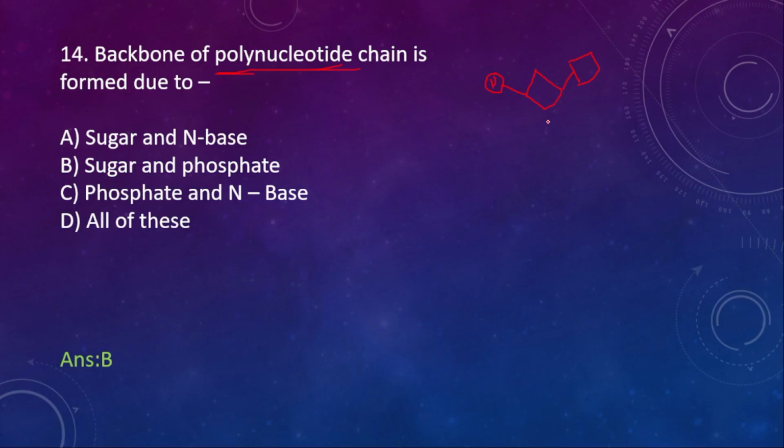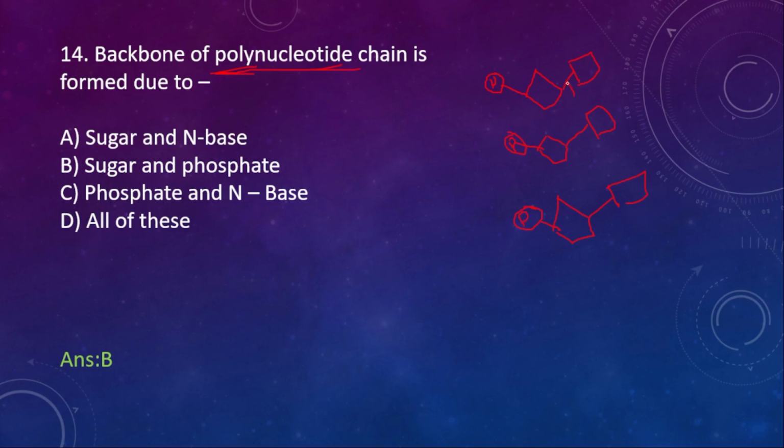This is one nucleotide. If I draw many nucleotides, then it is called what? Poly. One more nitrogenous base here, and there will be one more phosphate here. Two nucleotides I have drawn already, and let me draw one more nucleotide.